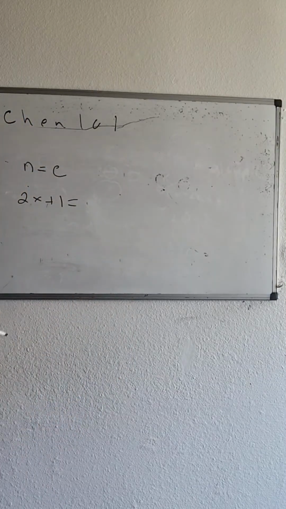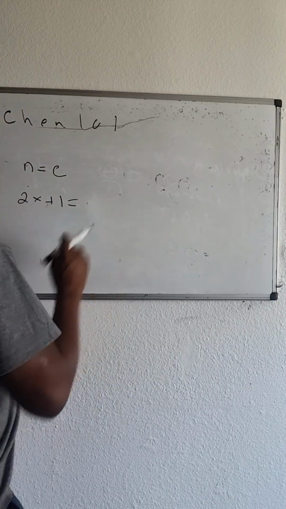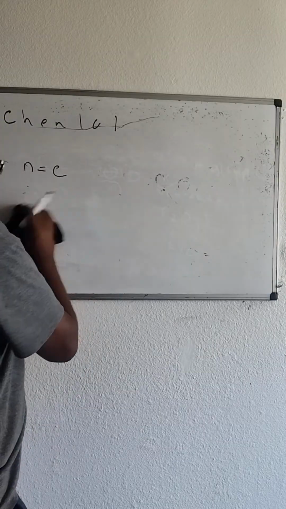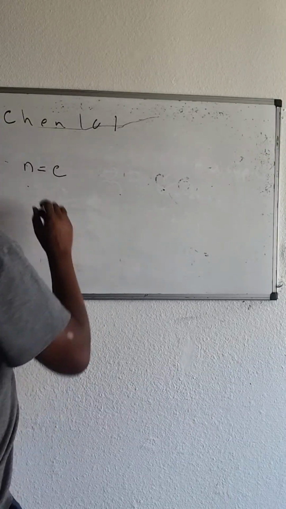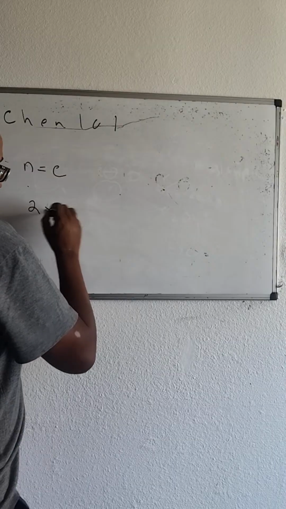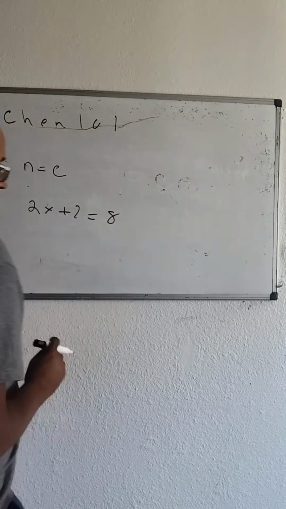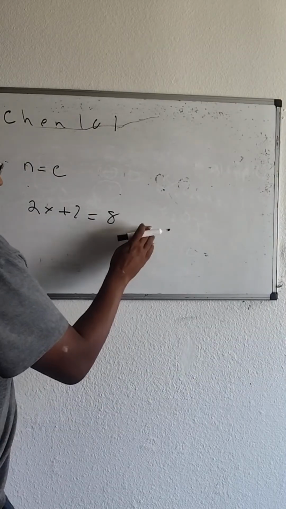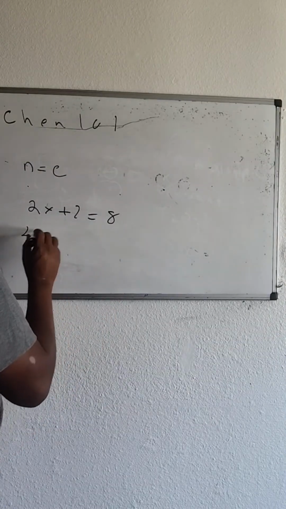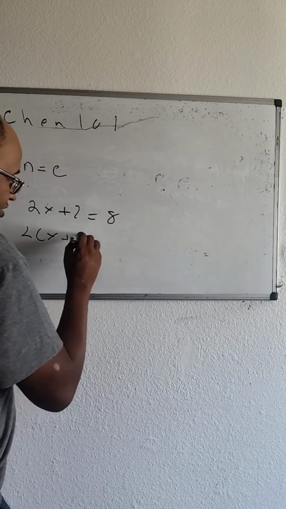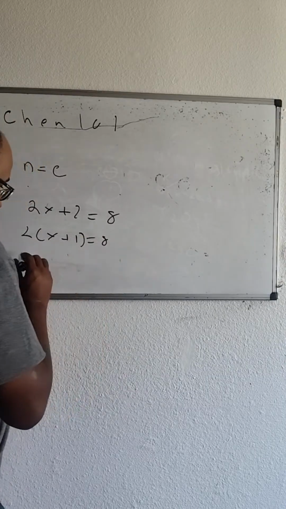So let's get an even number, guys. So we're gonna do 2x plus 2 equals 8. How about that? Gotta be an even number. So we take out 2, that'll be x plus 1 equals 8.